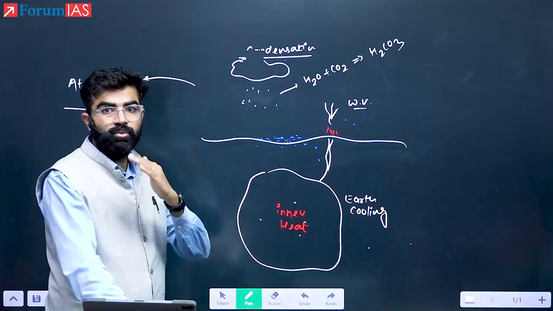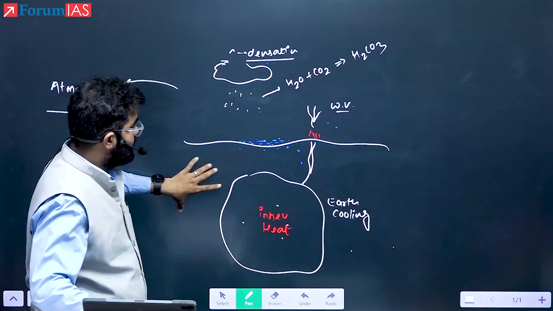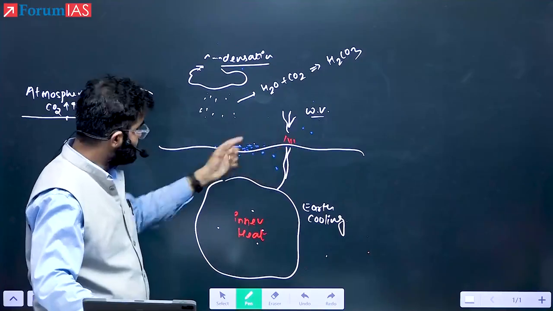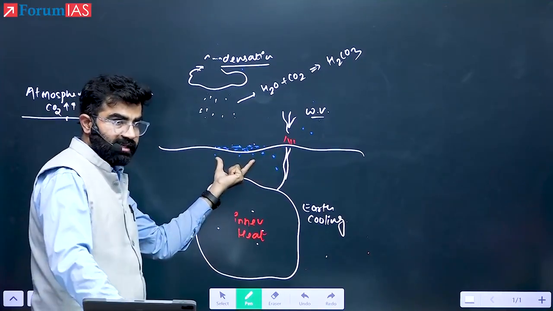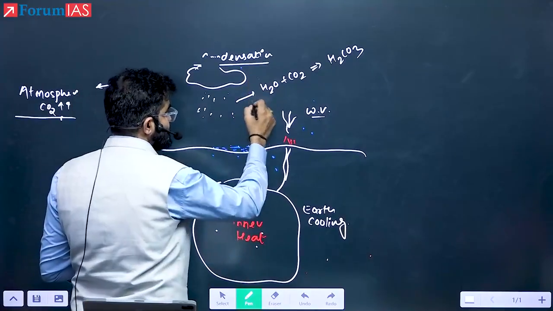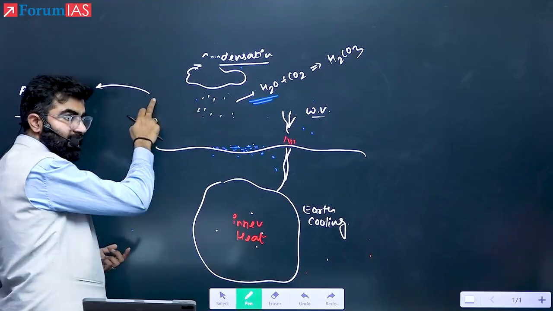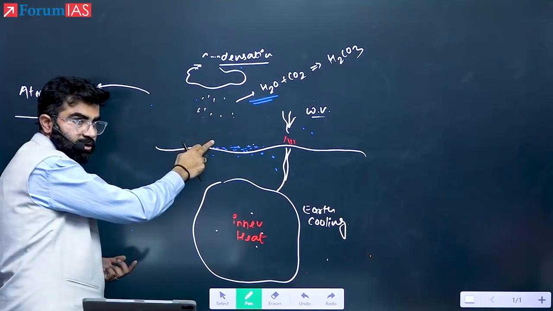So please understand what is going on. With this cooling process, the hydrosphere is coming into being. Seas and oceans are forming. At the same time, our atmosphere is going through one more process. What is this process? The CO2 is getting washed away by this continuous rainfall.